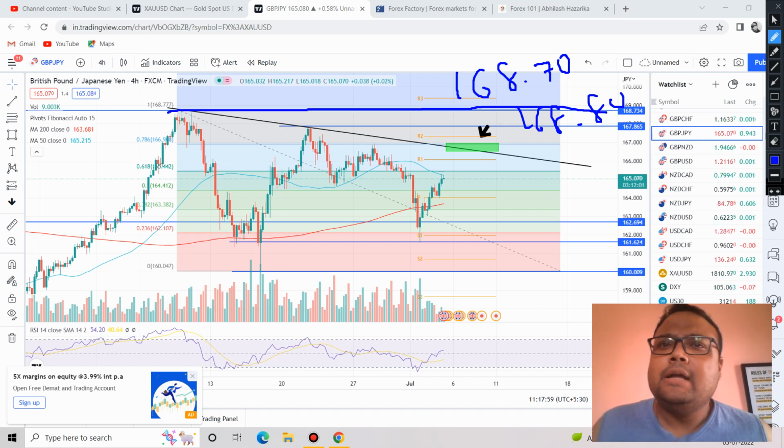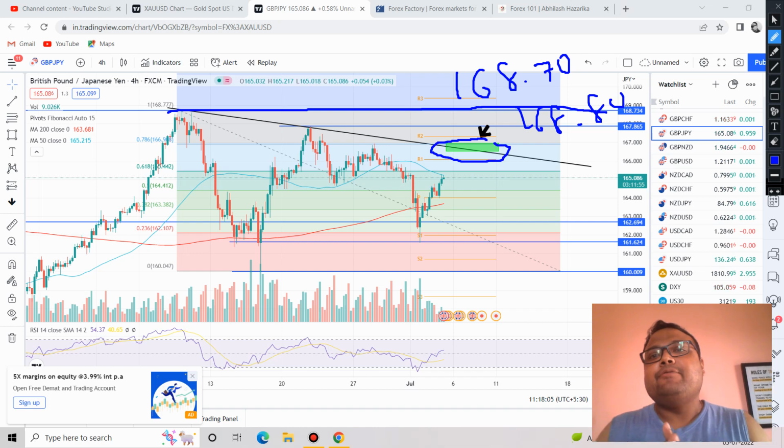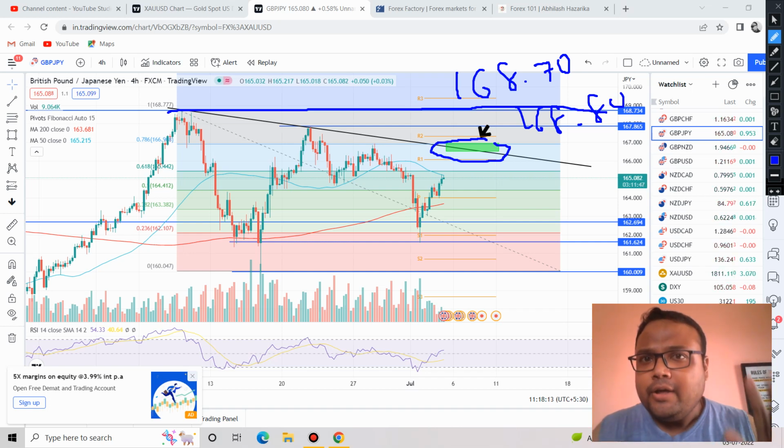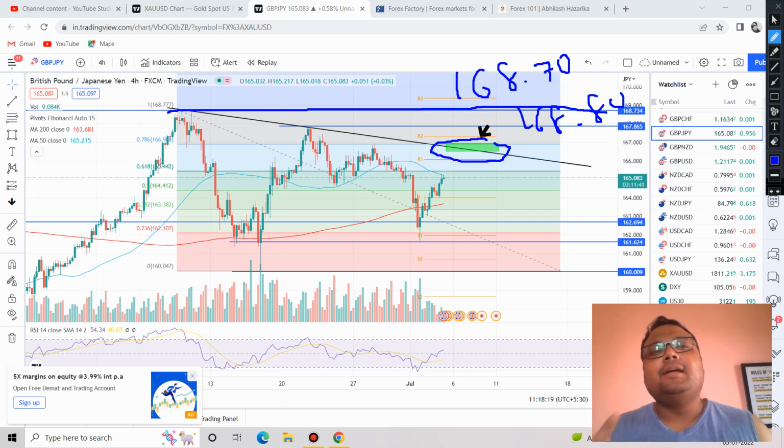As of now, there is a high possibility that the market will reverse from this level, in case there is no fundamental factor driving the market or bringing craziness or extreme volatility. If there is no craziness, the market should reverse. That's it. So these are the important levels on the chart of GBPJPY for us right now.